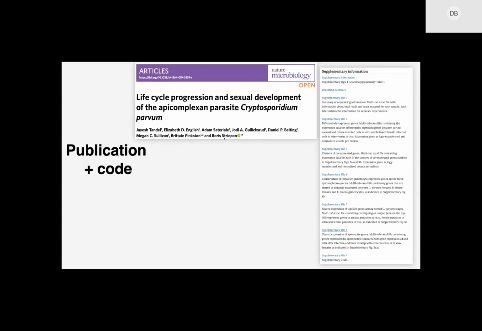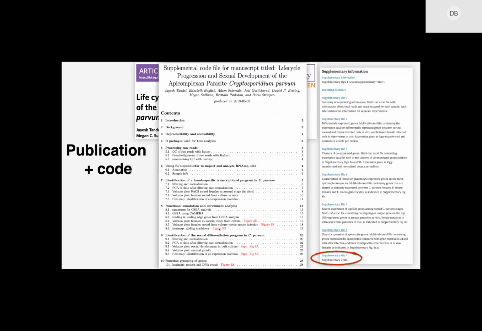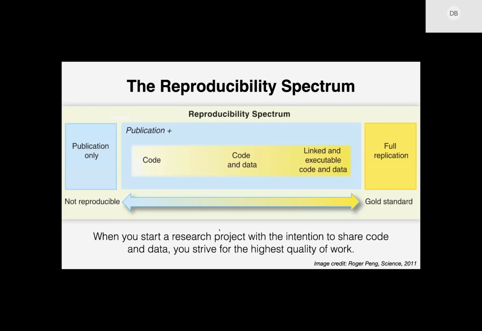And this was not our work, this was their work, but we helped them analyze the data, and we encouraged them to produce the same sort of output, right? So a supplementary code file that's organized and easily accessible and transparent. So this really helps us with transparency in our research by bundling together our publication with our code.